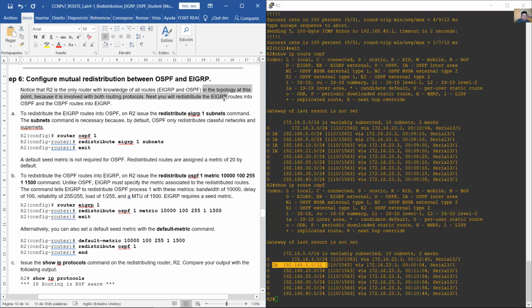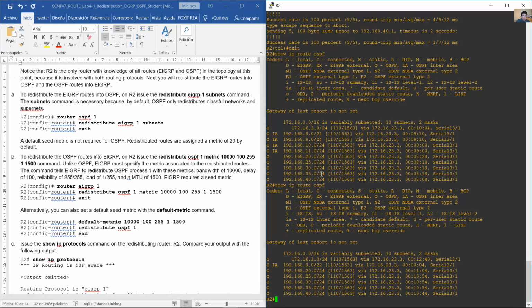Next you will redistribute the EIGRP routes into OSPF and the OSPF routes into EIGRP. To redistribute the EIGRP routes into OSPF, on R2 issue the redistribute EIGRP 1 subnets command. The subnets command is necessary because by default OSPF only redistributes classful networks and supernets.